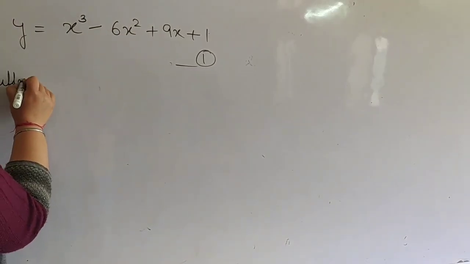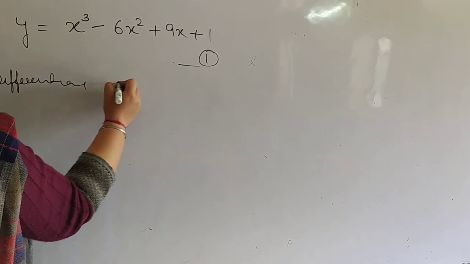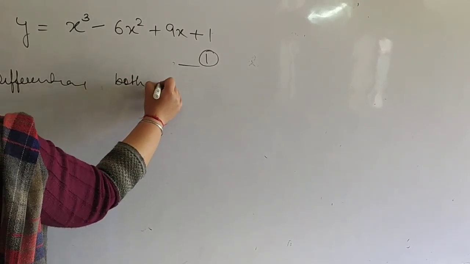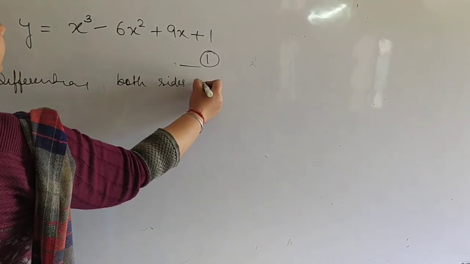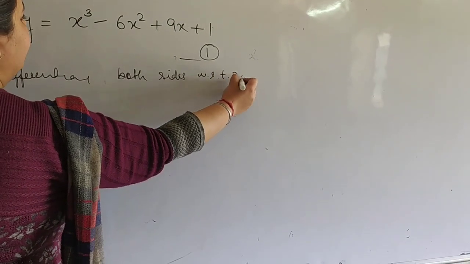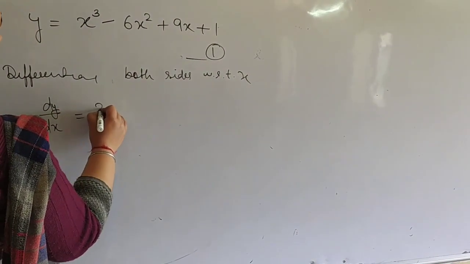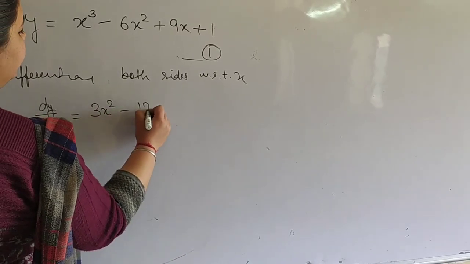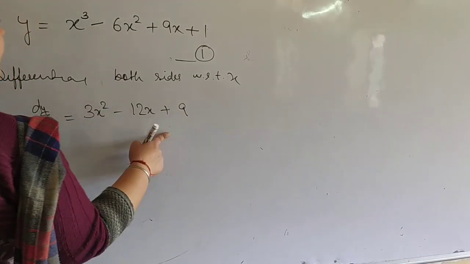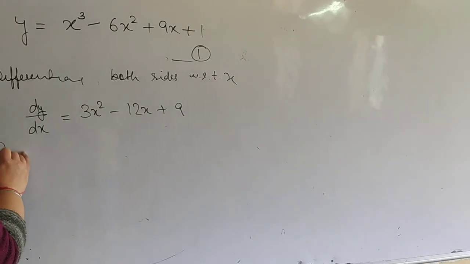Now, differentiating both sides with respect to x, we get dy upon dx is equal to 3x square minus 12x plus 9. We can take the derivative easily.